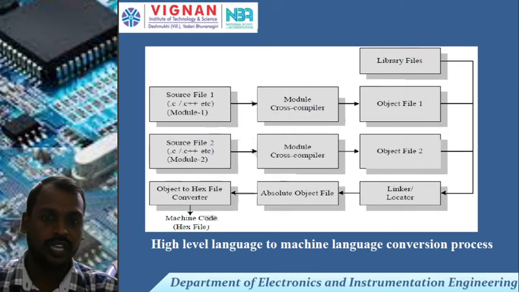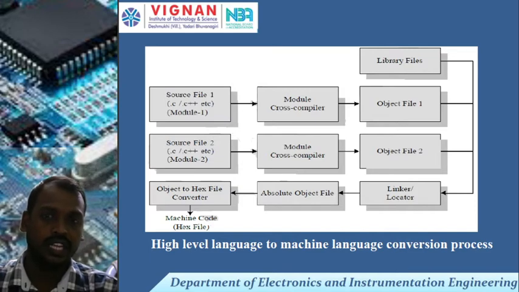Now the high level language to machine language conversion process. Here we are writing the program in embedded C or embedded C++. Using the Keil software, we write the embedded C program. So why do we need to write embedded C?